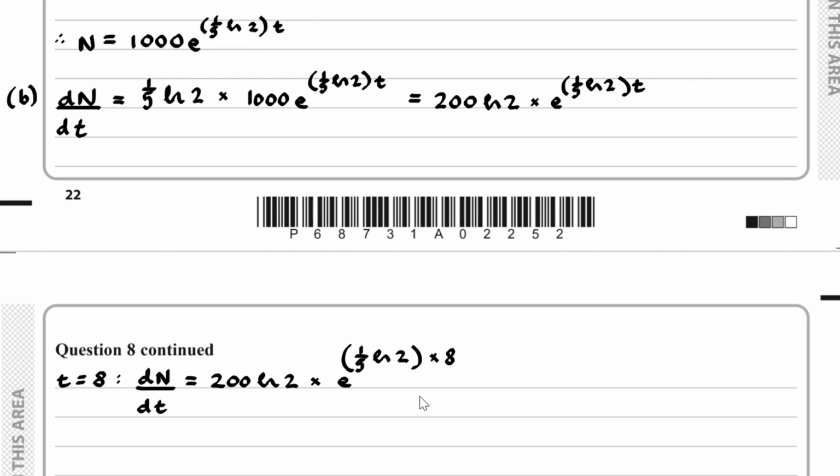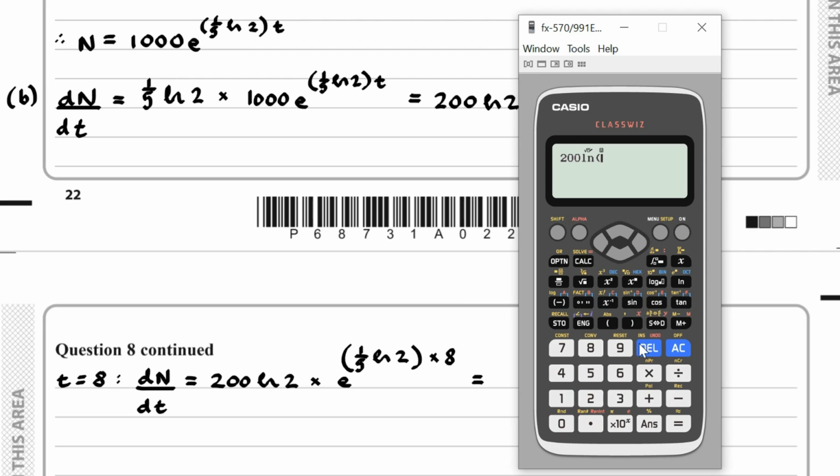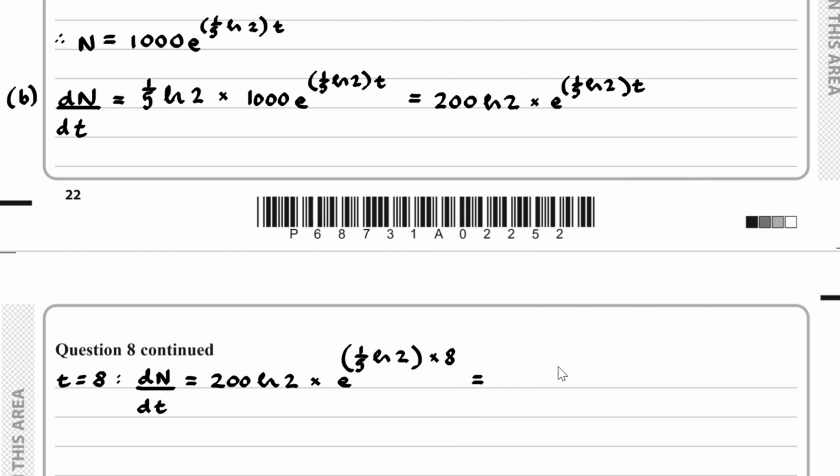So if we work all of this out, 200 times the natural log of 2 times e to the power of 1/5 times the natural log of 2 multiplied by 8, we get 420.24.